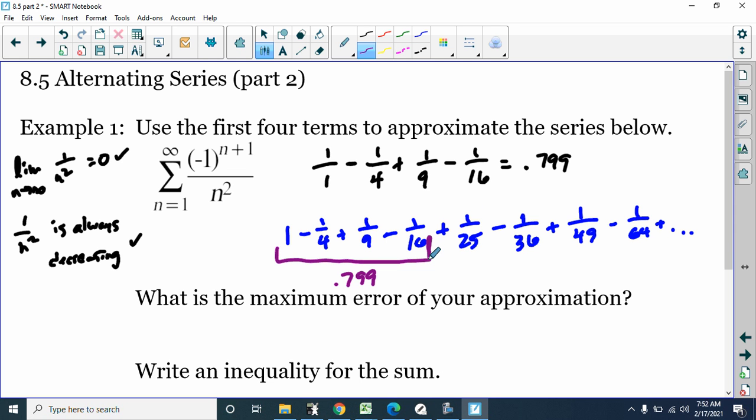Because I have 0.799 and I go up 1/25th, and then I come back less than that. And then I go up less than that, and back less than that, and so on. The most it could be off is whatever this next term is.